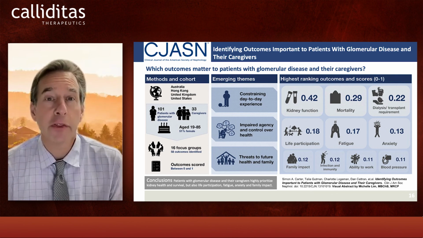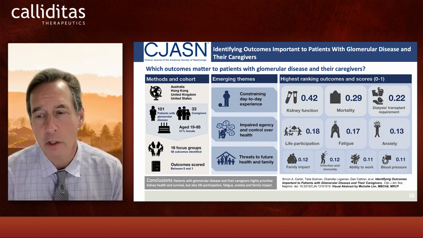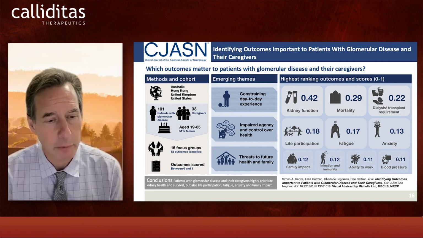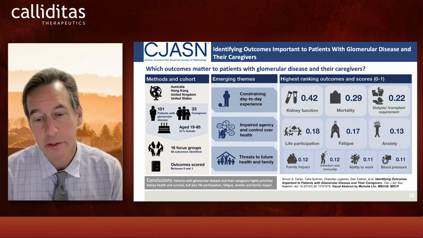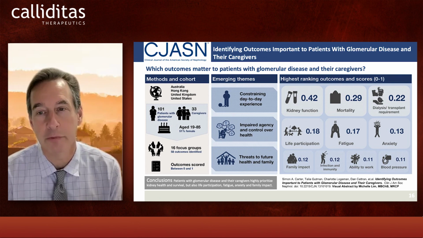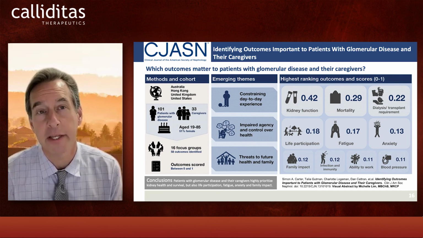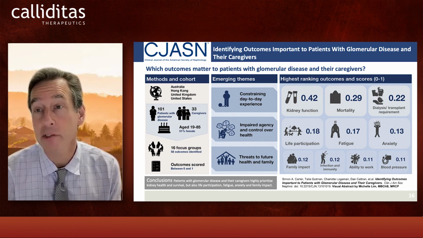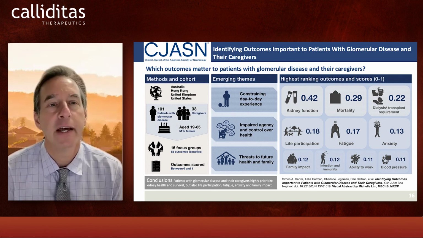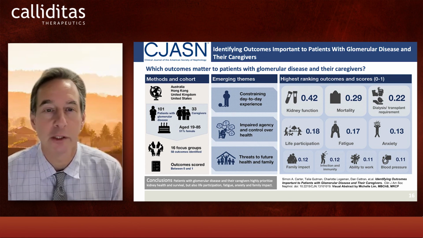So, of course, there's other things to consider. Publications have also focused on the patient experience. When we come up with treatments for our patients to improve their kidney outcomes, we also wanted to improve their quality of life. So here's one example of a study looking at identifying outcomes important to patients with glomerular disease and to their caregivers, and looked at what outcomes matter to patients in terms of undergoing treatment.